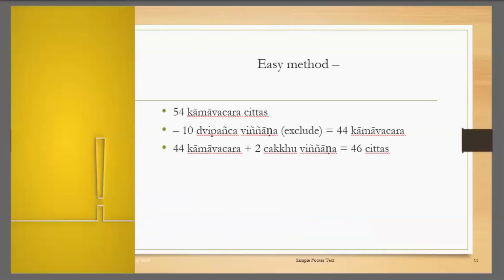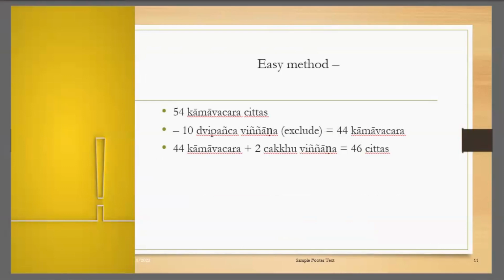This is an easy method to find out the chittas that arise in the five sense doors. First, we take the 54 Kamavachara chittas, then exclude the Panchaviññāna. Then 44 Kamavachara chittas remain. To find the chittas that arise in the eye door, we add 2 eye consciousness.